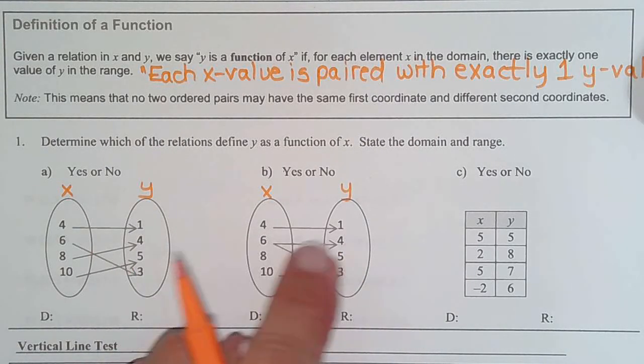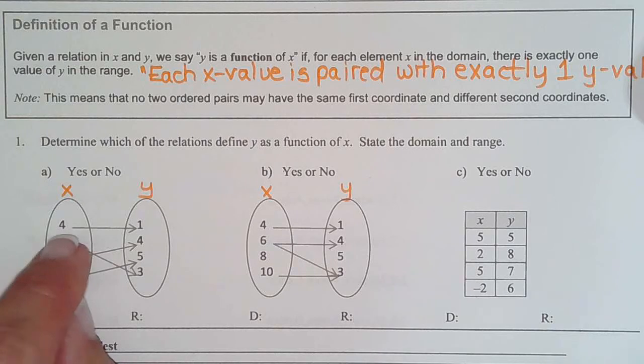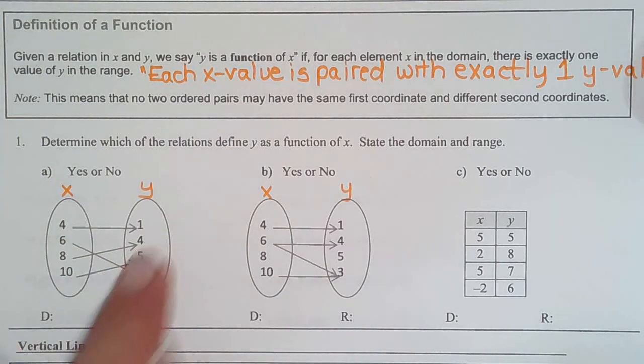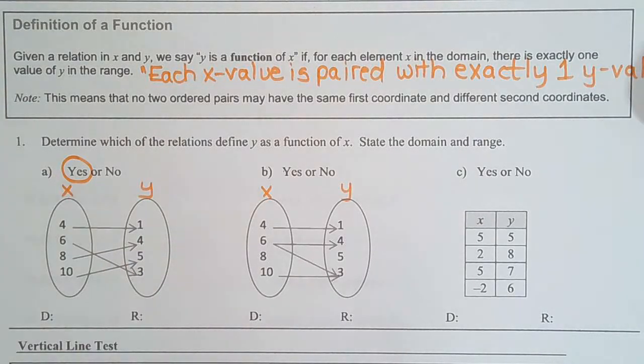That x value is paired with 2 different y values, so that would not be a function. Where here, 4 is only paired with 1, 6 is only paired with 1, 8 only goes with one value, 10 only goes with one value, so that one would be a yes, because each x only has one line going from it.